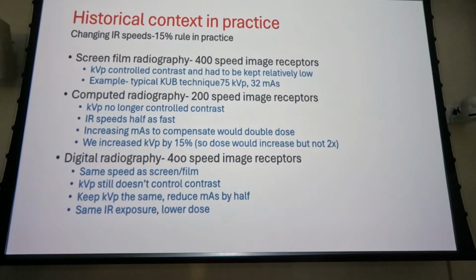If we need a decrease, yeah, I can see a decrease in mass, but if we need an increase, why are we increasing mass? Why are we not increasing kVp? That's a legitimate question. I'm asking you because I have no idea. I really don't. I have no idea why we're not increasing kVp instead of mass.